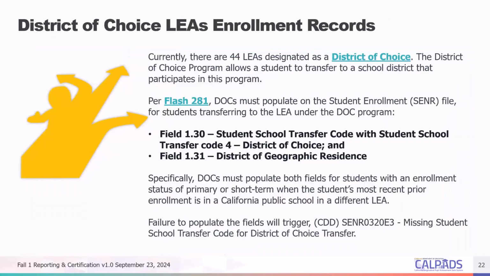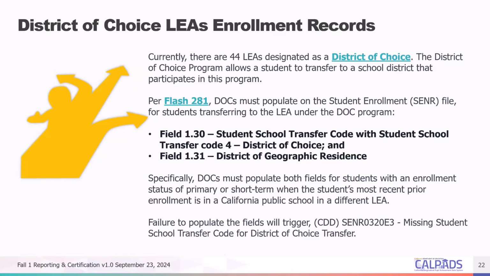And then we also want to remind you this summer, new validations were put in for those districts that are district of choice. If you're a district of choice, your entire student population has to have a transfer code. If they're outside of your district, most likely that's going to be a 4.